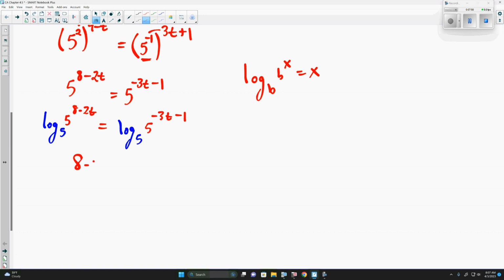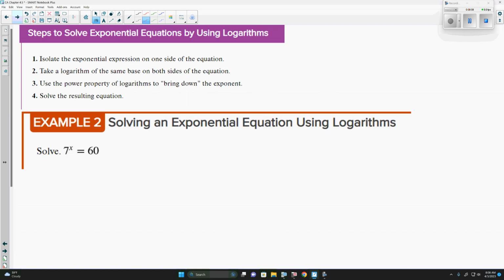So here is just 8 minus 2t. So we get these here, because this and this are 1. So we're left with the exponent. All right.